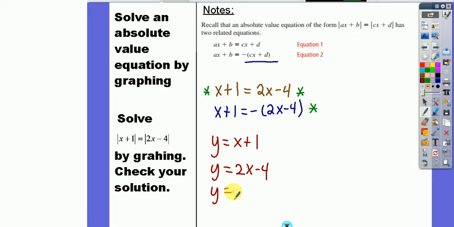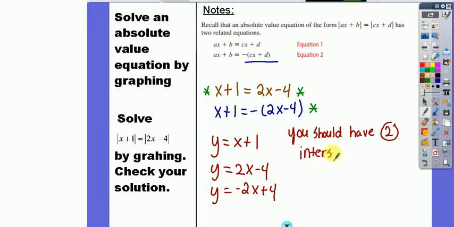What is the equation when I distribute the negative? Yes, negative 2x plus 4. And I should have 2 intersection points. I'll write that down. You should have 2 intersection points.